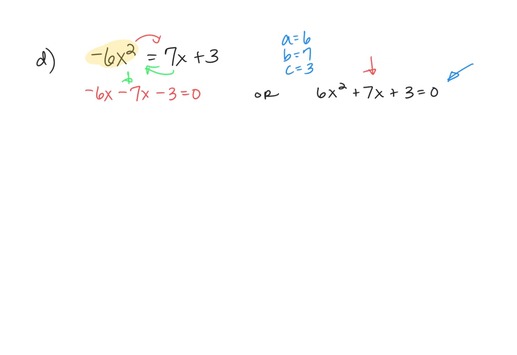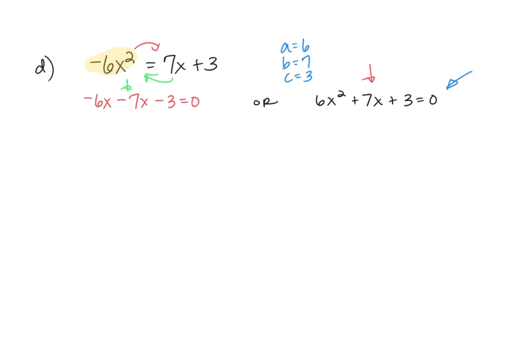All right, so when I work it out, I get x equals -b, so -7 plus or minus the square root, b squared, which is 49, minus 4 times 6 times 3, all over 2a. 2 times 6 is 12. Again, some of you might like to do that in your head, which is fine.